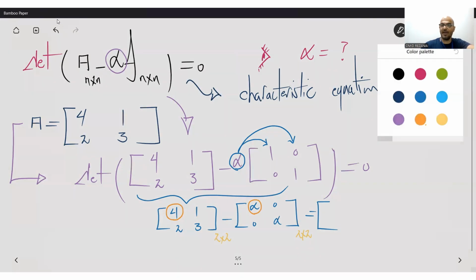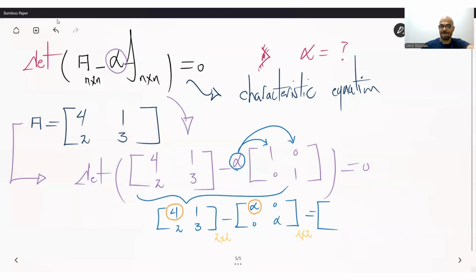Then it becomes 4 minus alpha, 1 minus 0, 2 minus 0, 3 minus alpha. Every element is subtracted from its corresponding element. So far, so good, everyone? Everyone's happy? Yeah. Now, I get this one.